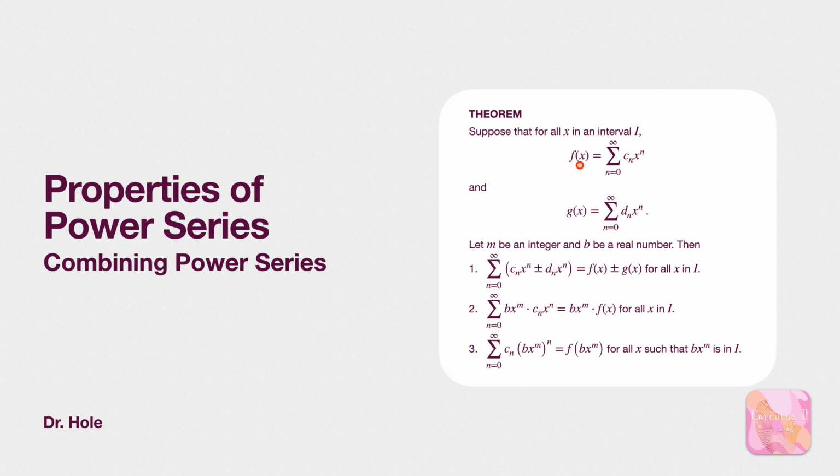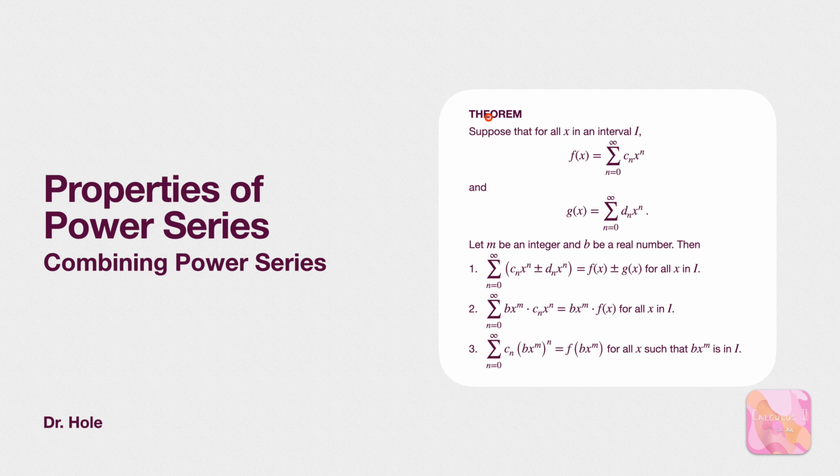Well, suppose that we have a nice function f, which has a power series representation, and that representation holds over some interval capital I. Suppose the same is true for some g. Okay, well, how do we distinguish the power series representations of f and g? That's entirely given by the coefficients cn, defining the f, and the coefficients dn, defining the g.